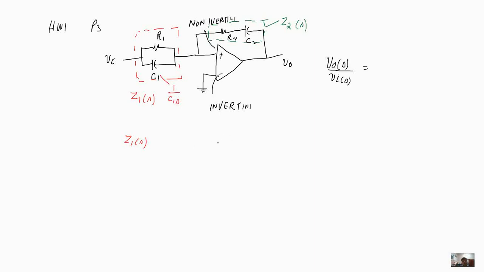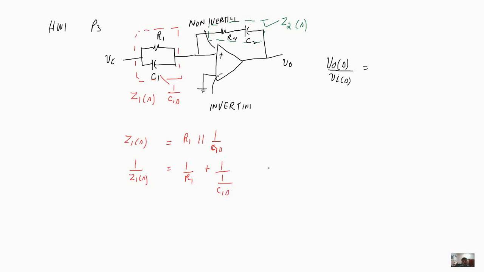And then they are connected in parallel, so we can pretty much say this is equal to R1 in parallel with 1 over C1 of S, right? So then I can pretty much write 1 over Z1 of S is equal to 1 over R1 plus 1 over 1 over C1 of S, isn't it?